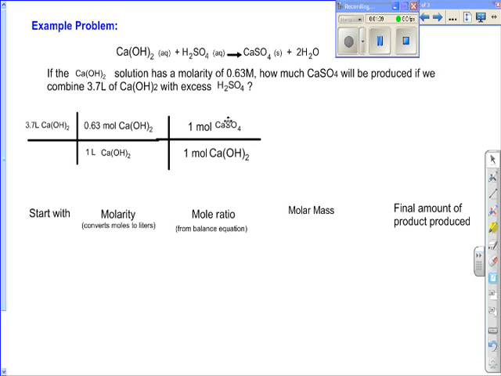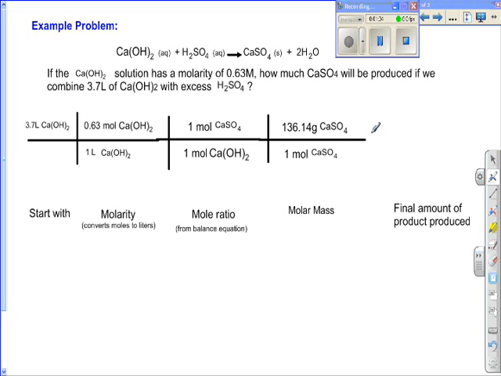Once we have moles of calcium sulfate, because we want grams, we're going to use the molar mass. Again, because moles is on top, moles is going to be on bottom, and we have 136.14 grams of calcium sulfate is the molar mass.